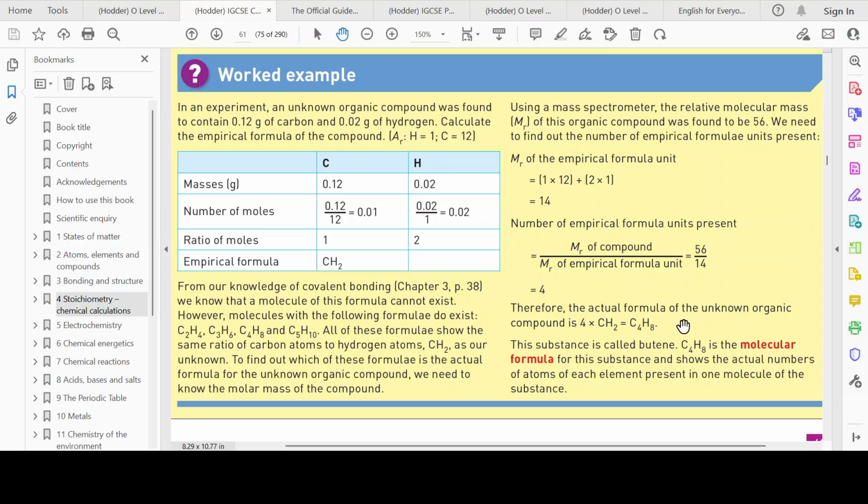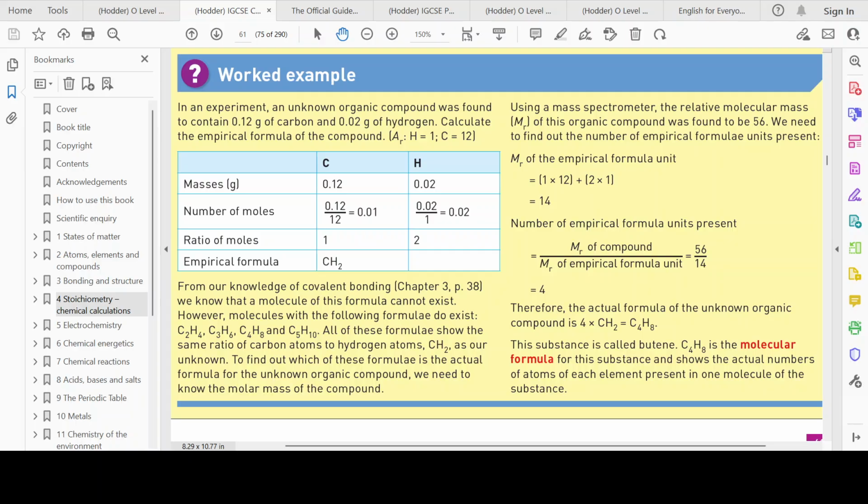What's the name of this one? C4H8. You guys can see the book, right? Alkene. Alkene is the homologous series.